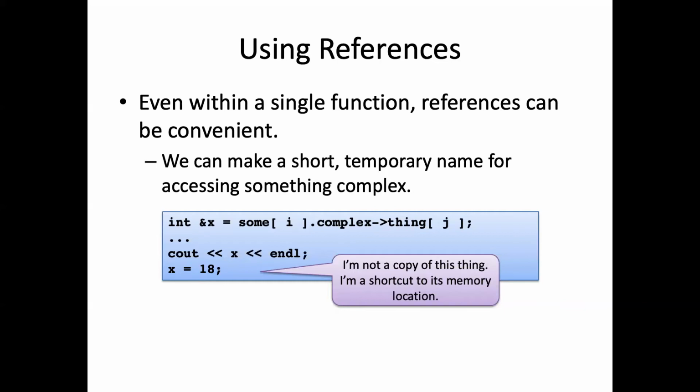And then you can use that name later as a way of getting to that thing. Internally, you're just taking a pointer to it, you're taking its address, and then whenever you try to look at it or change it, you're just using that pointer. So it's not really using a copy of the expression, it's just using a pointer to the result of whatever that expression evaluated to.